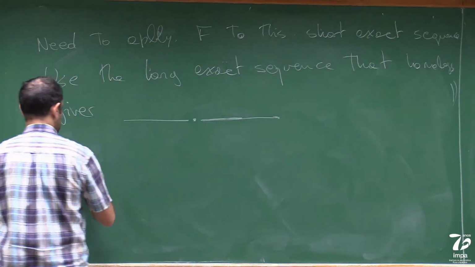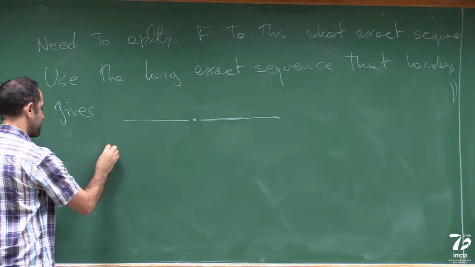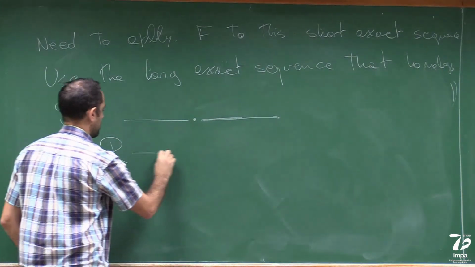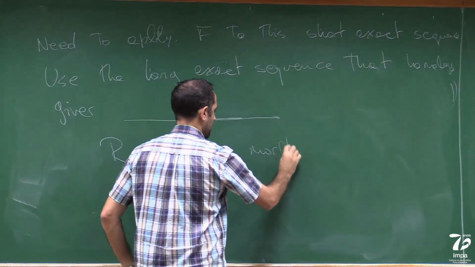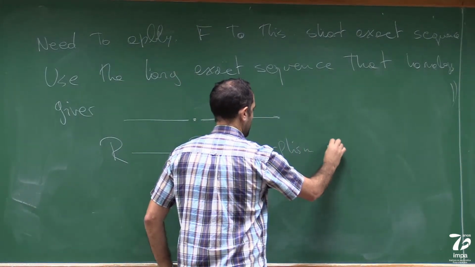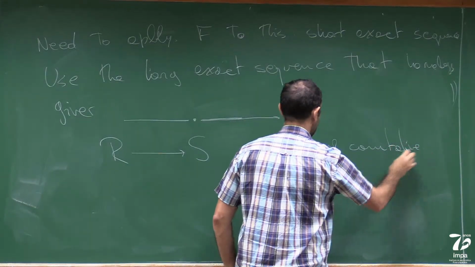Okay, so a digression. Let's say that you have a morphism of rings, of commutative rings, commutative K-algebras.